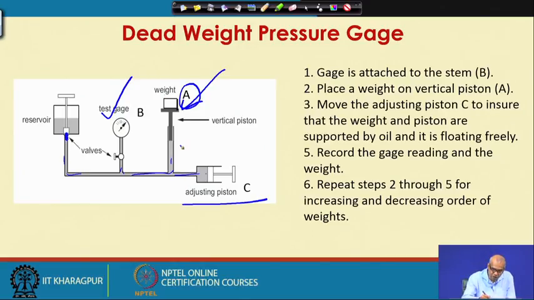It must not come down and support itself by this platform or the piston. So, it should be freely floating. At this stage, you record the gauge reading and the weight. So, look at the gauge reading and the weight.